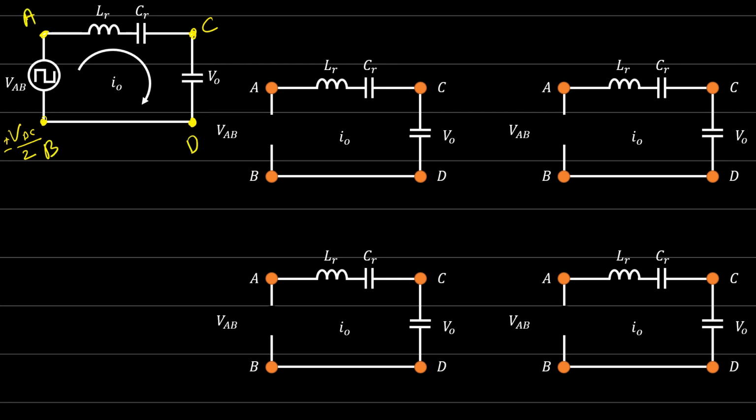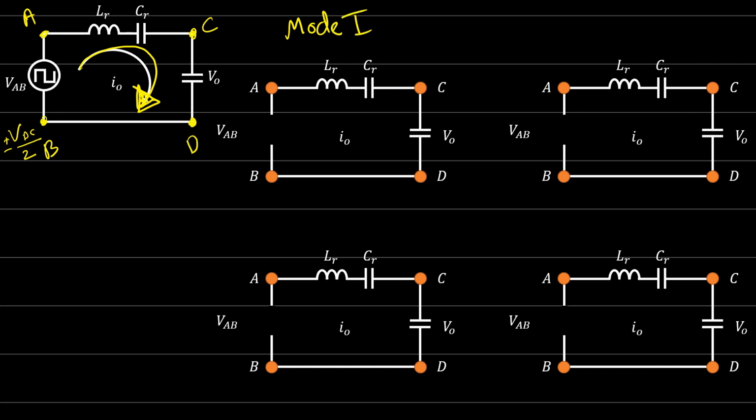And here we have the resonance components, LR and CR. The current that is flowing within the resonant components is equal to I out, and I'll say when it's positive, it's moving in this direction. Okay. Now let's go for mode number 1 and see what options we have.